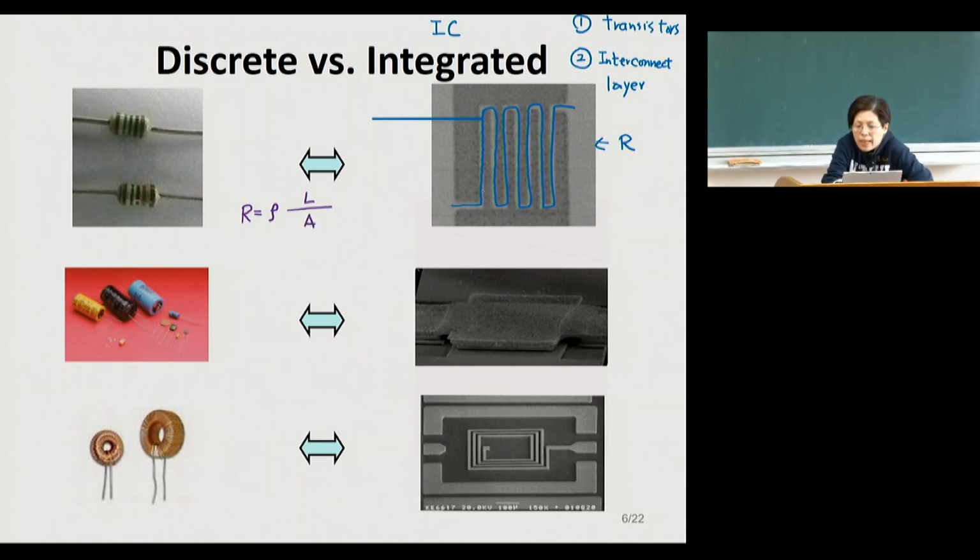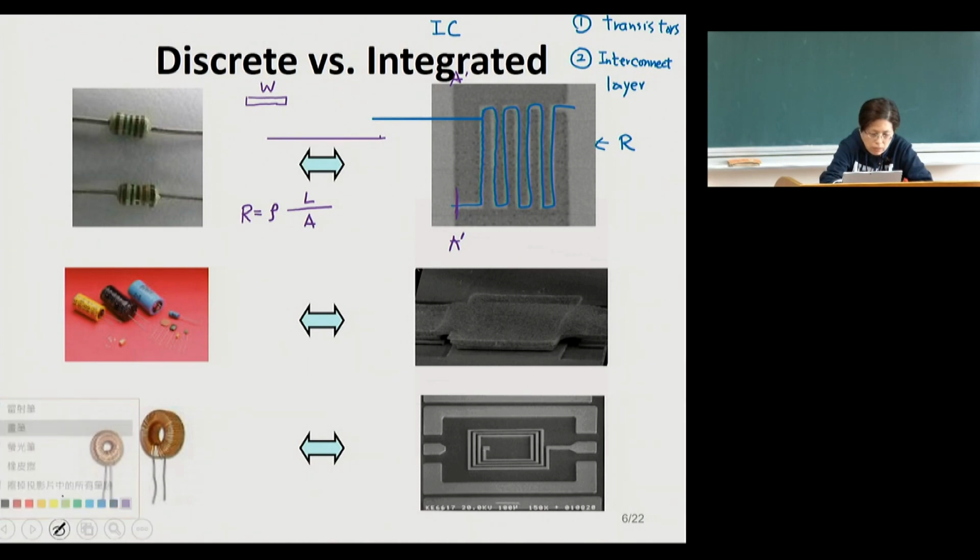Area, correct. Cross-sectional area. So this is the top view of the device. If I cut it here and look at this cross-section, AA prime, it will look something like this. It will be a wire with the width of W. And these are made with wires, so it's mostly what we call thin film.